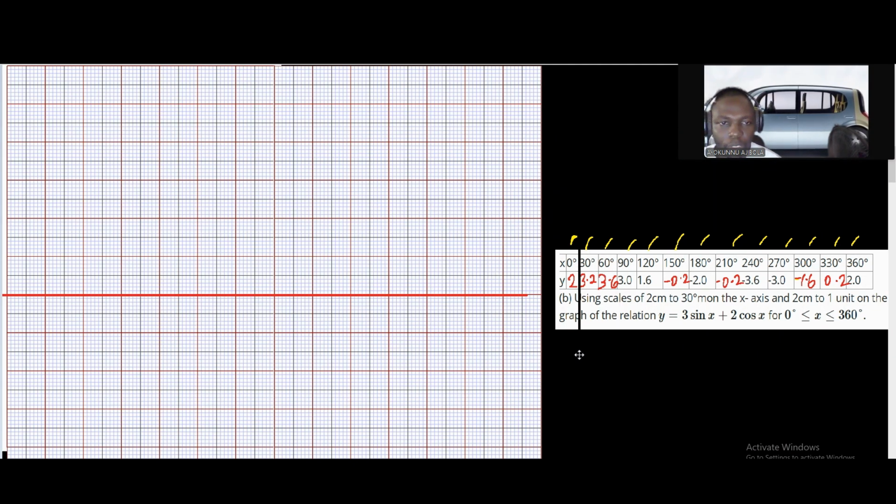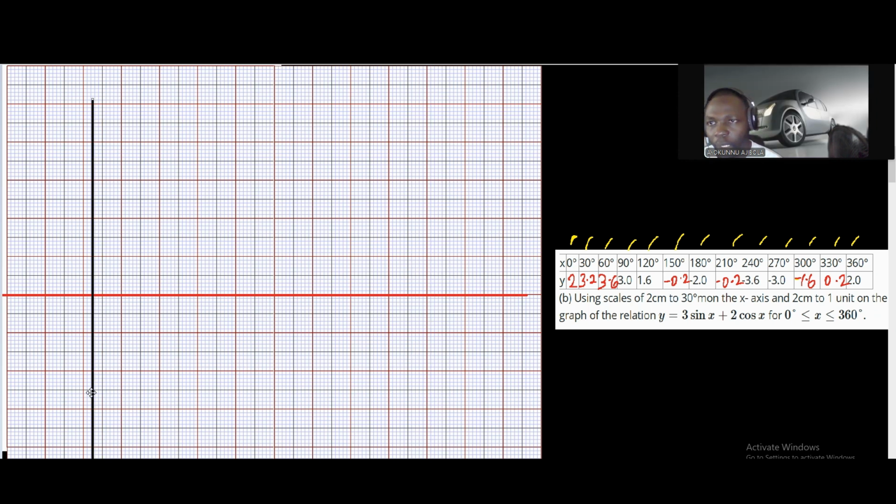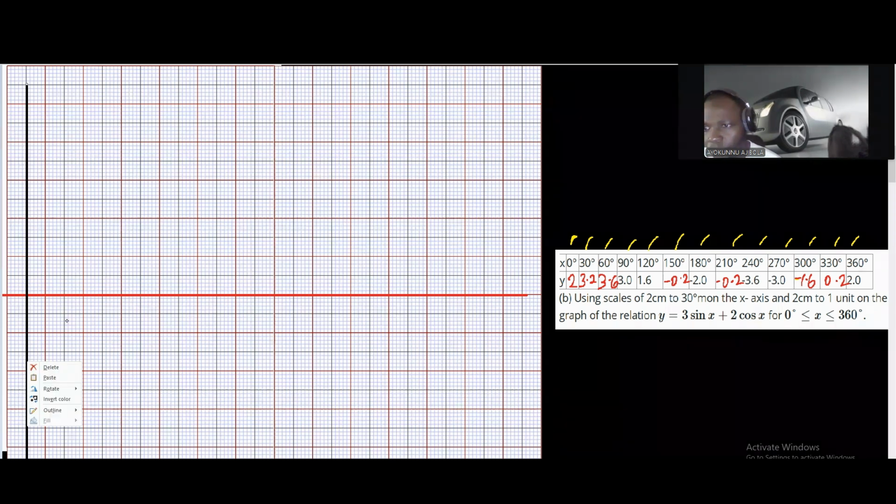On my x, on that table, there's no negative, so I don't even need the negative side at all, okay? Yes, sir. So all I need is positive, so I can use that to position my y-axis, even if I put it on this first block here. So I can just have something like this.